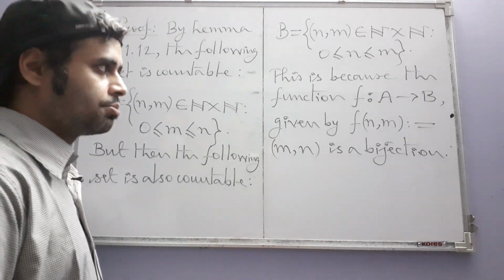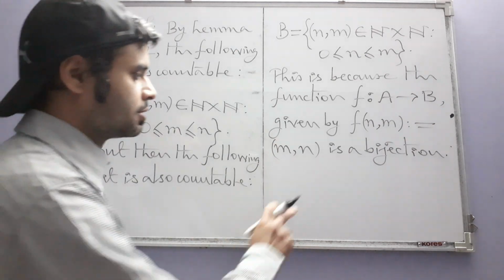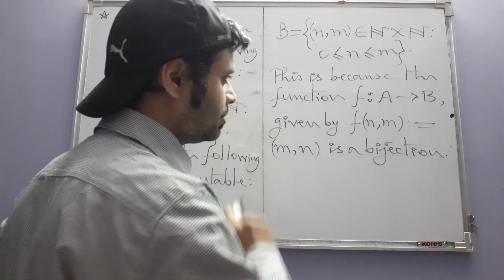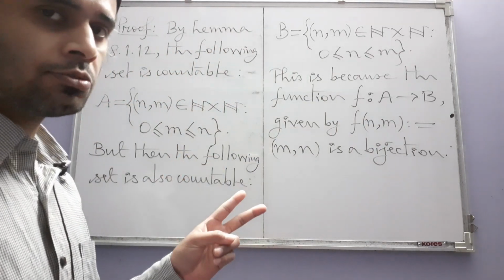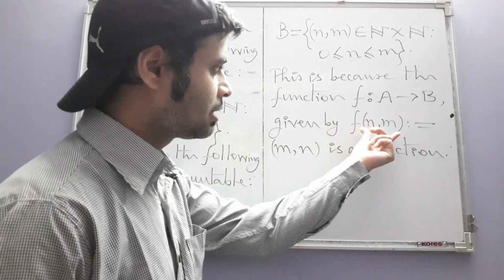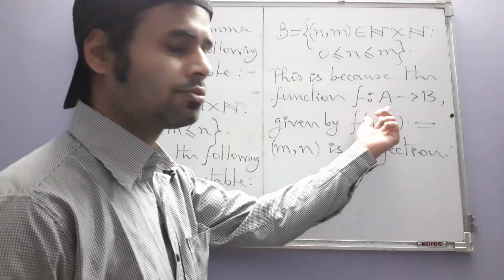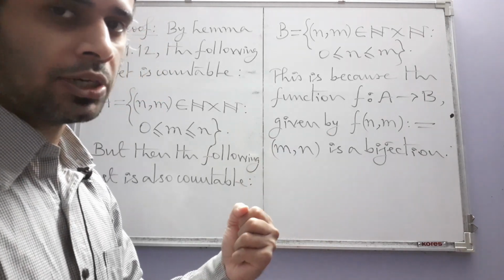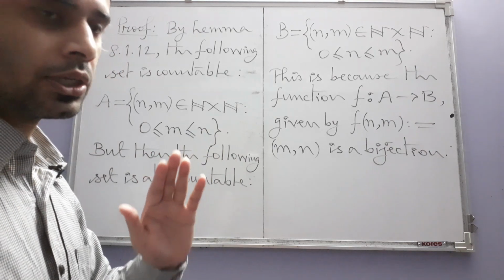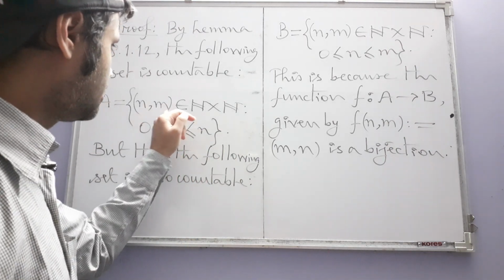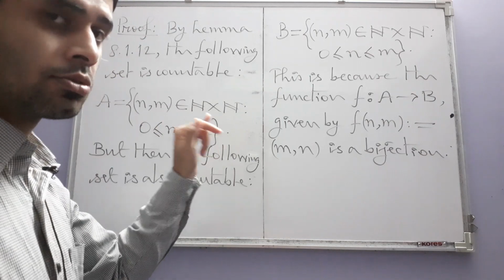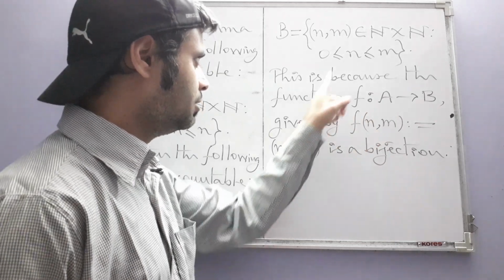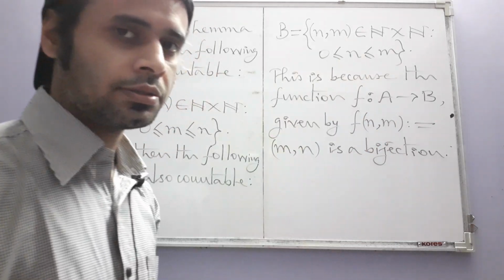See, there are quite a few things to prove here. First of all, you need to notice that f is well defined. That itself has two parts. The first thing is that if you are choosing an ordered pair (n, m) from A, then (m, n) should belong to B, that you have to show, keeping in mind that the coordinates of the elements in A satisfy these inequalities, whereas the coordinates of the elements in B satisfy these inequalities.